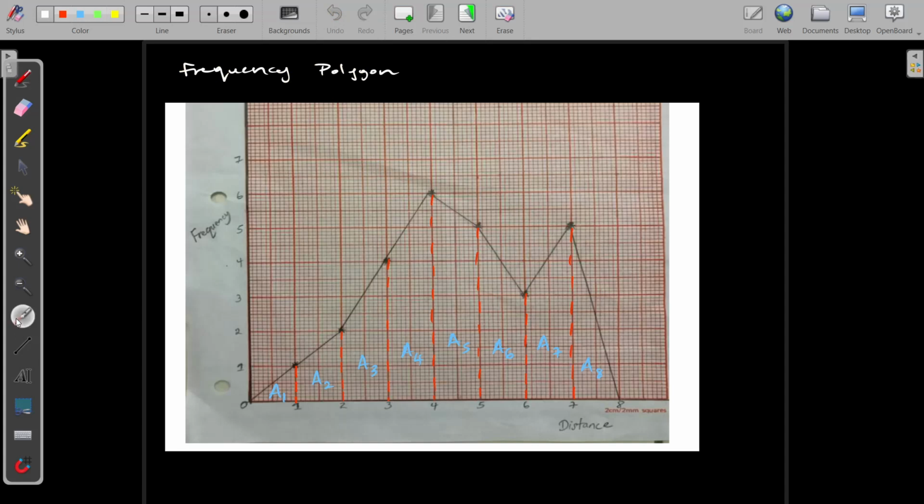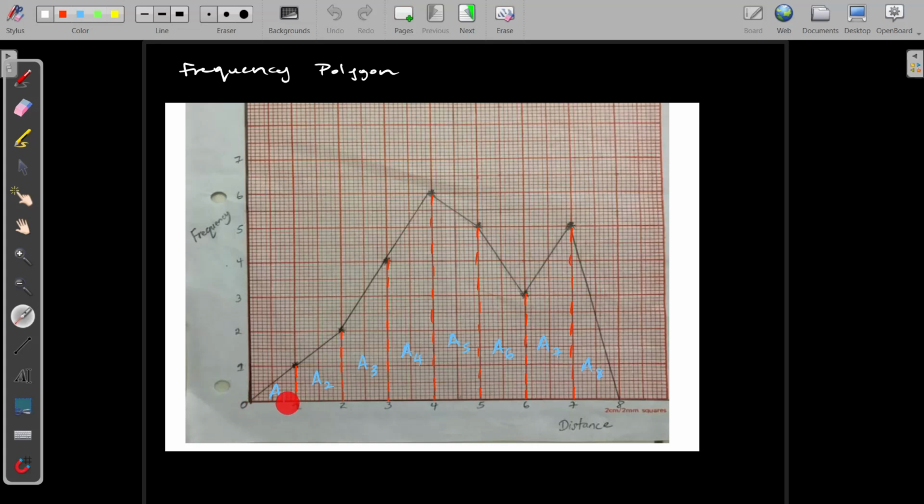And what are the distances, the different lengths? From here to here is 1. What's from here to here? 1. So even though we are dealing with 2 centimeters, we're working with the units that have been represented on the x-axis. So this is from 0 to 1.